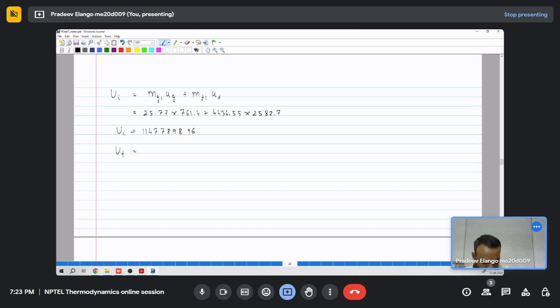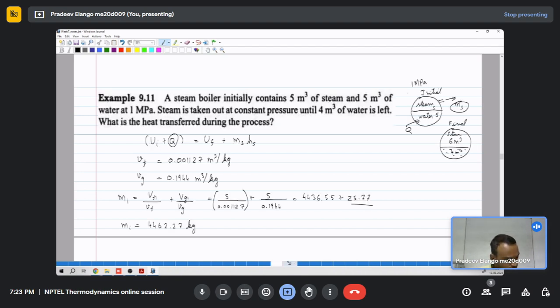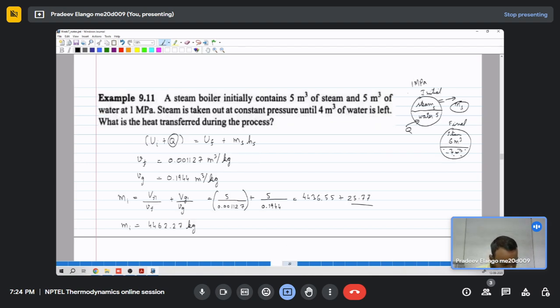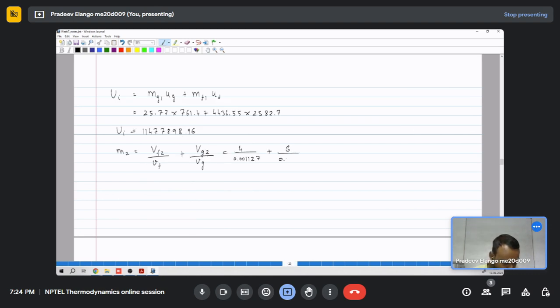We need to know the mass at the second state. That is Vf2 by Vf plus Vg2 by Vg. Vf2 is the fluid, we had 4 meter cube, divided by Vf, 0.001127, plus 6 divided by 0.1944.